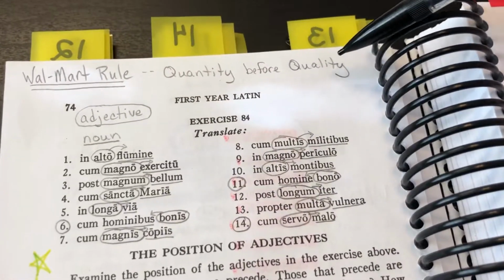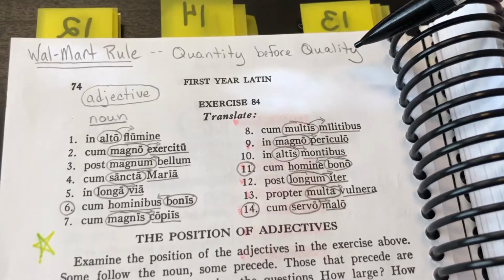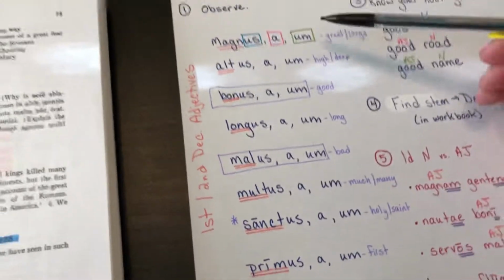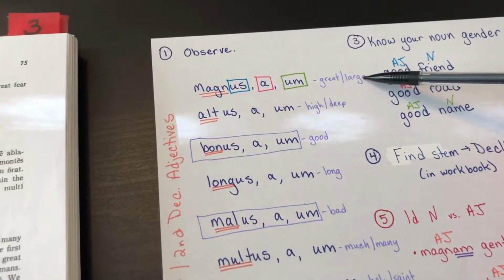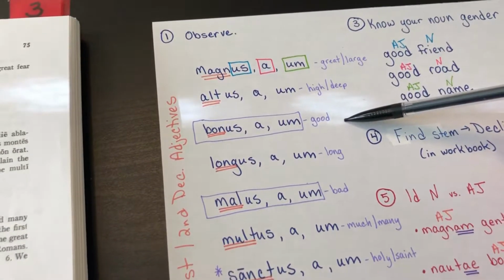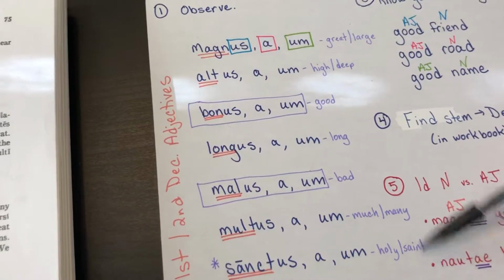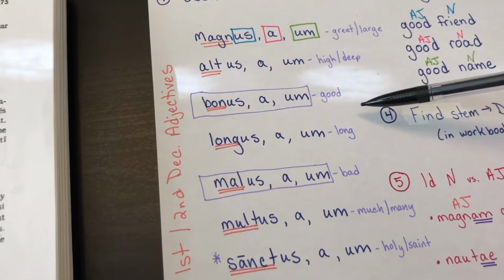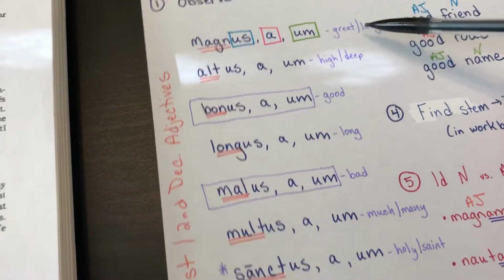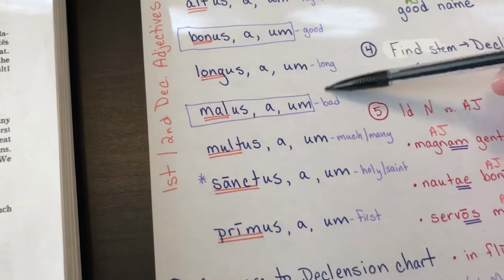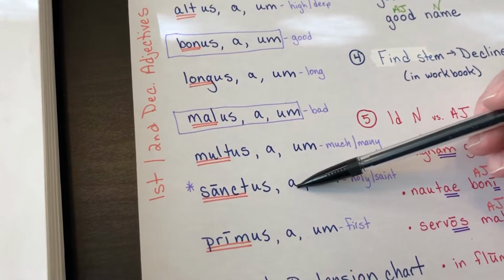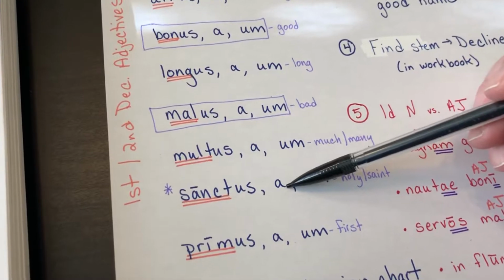If it's a quality, that's not really something quantifiable. So those are the good and the bad. We had gone through our vocabulary list, and we looked at the meaning, and we identified which ones are quality related as opposed to quantity related. We did get down here to this one, and we were like, well, that one's not really quantity.